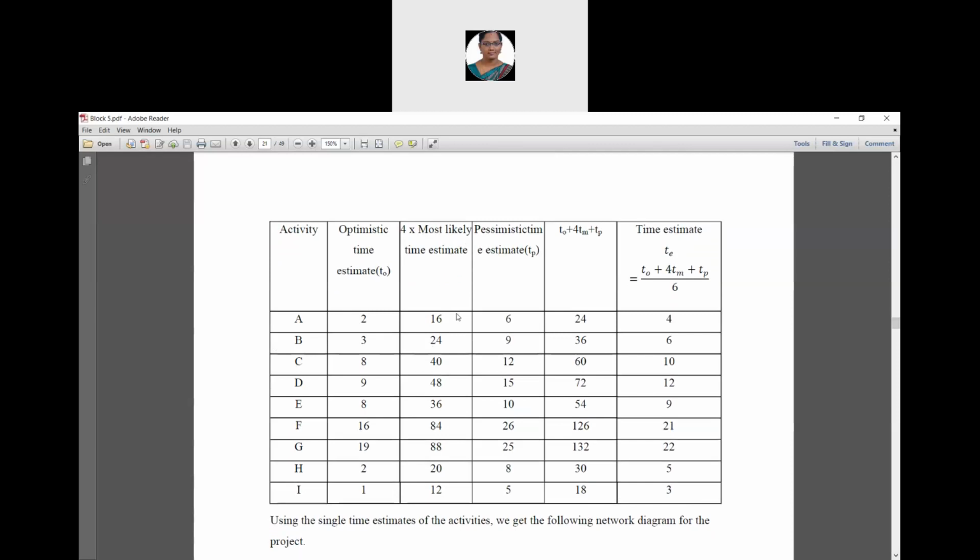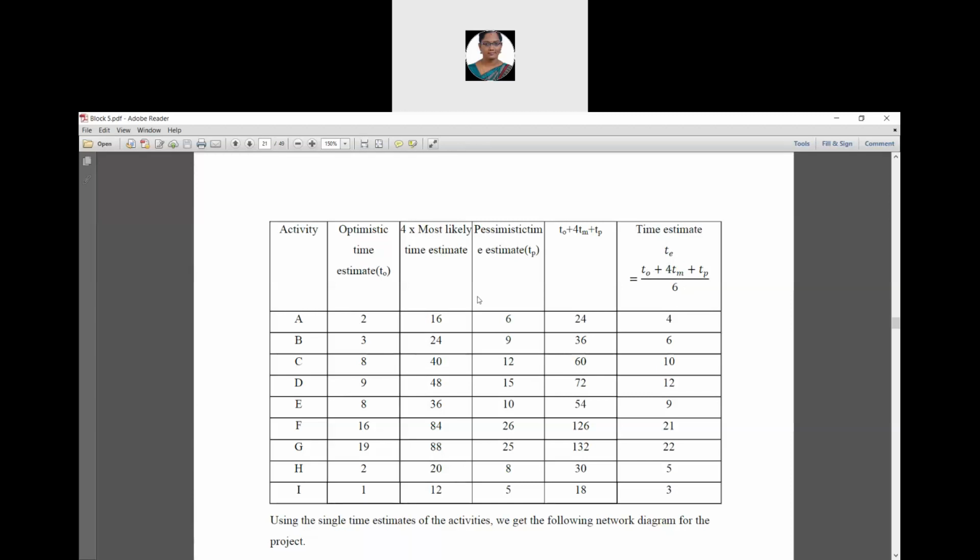Why? Because the formula for time estimate is (T naught plus 4 times Tm plus Tp) divided by 6. For that, we have to multiply most likely time estimate values by 4.